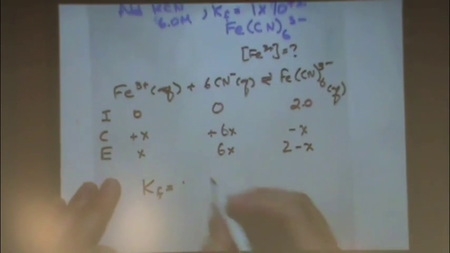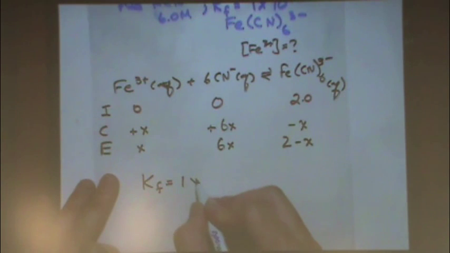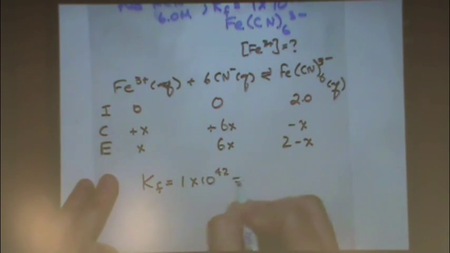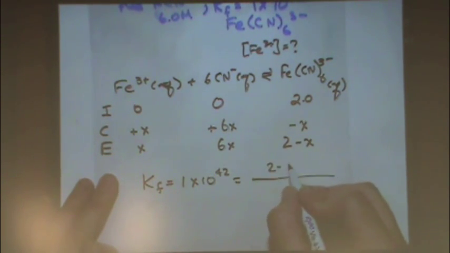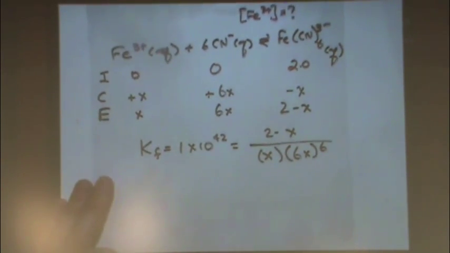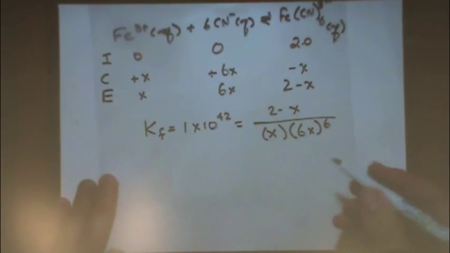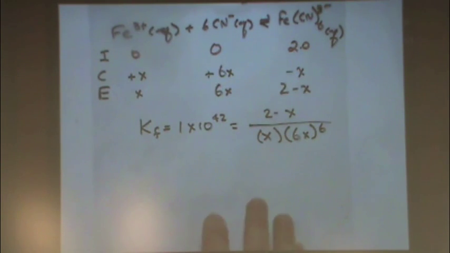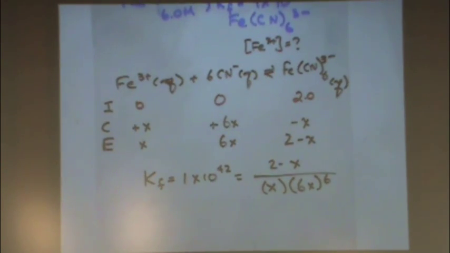Oh, 2, thank you. 1 times 10 to the 42 equals 2 minus x over x times, this is funny, (6x) to the 6th power. Okay, whatever. In this case, is x large or small?